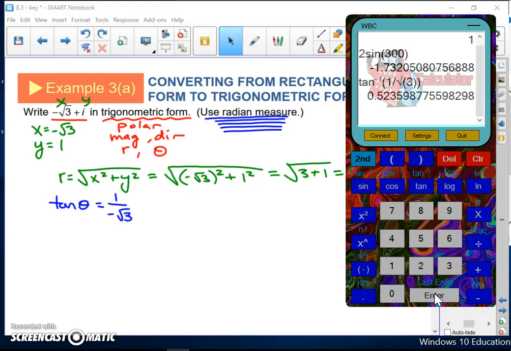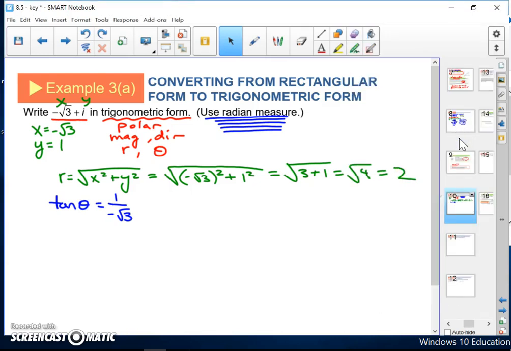But I get the feeling they don't want us to use our calculator here. And the reason that I know that is because I recognize these numbers from the chart. See a square root of 3? You've got 1 over square root of 3, which is in the chart. If you find the 1 over square root of 3, that's talking about right here, right? 30-degree angle, or pi over 6, since we're in radians.